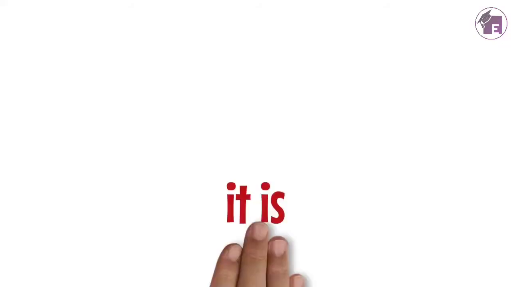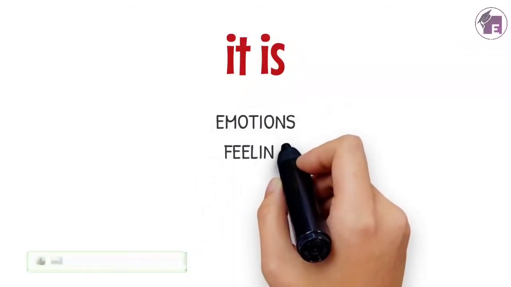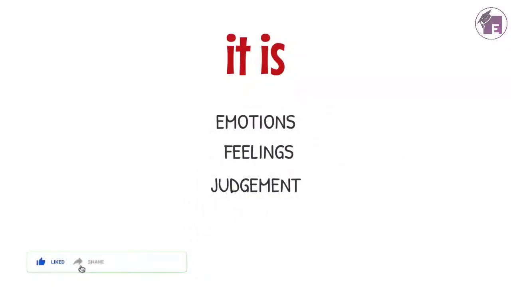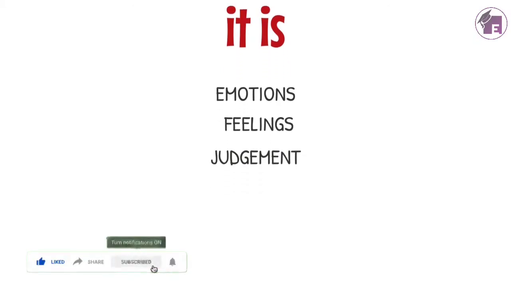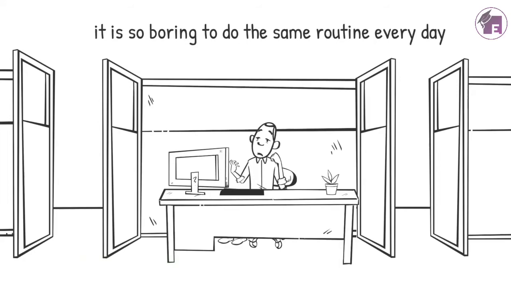Another common case when we use the phrase "it is" is when we express our emotions, feelings, and our judgment. For example, it is so boring to do the same routine every day. It is so boring.